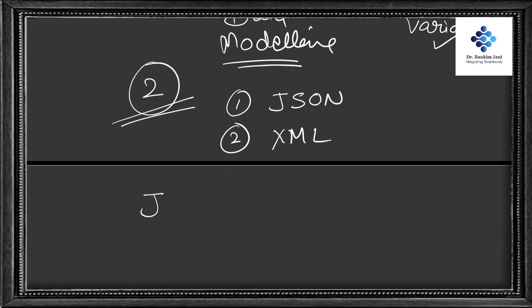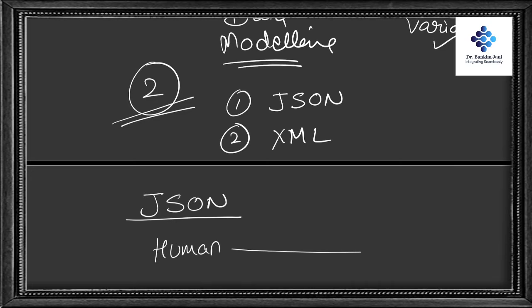So in case of JSON, this is very similar to what is called a very good link between human and machine readability.